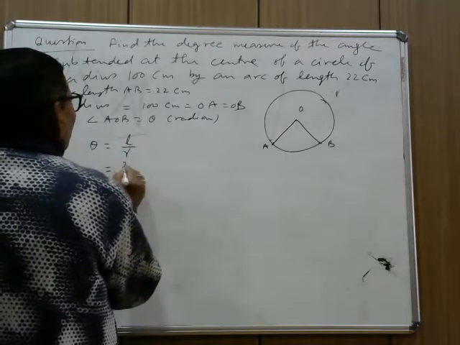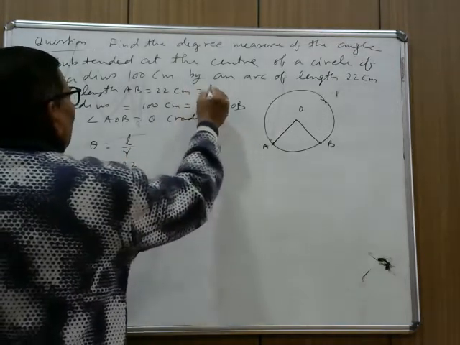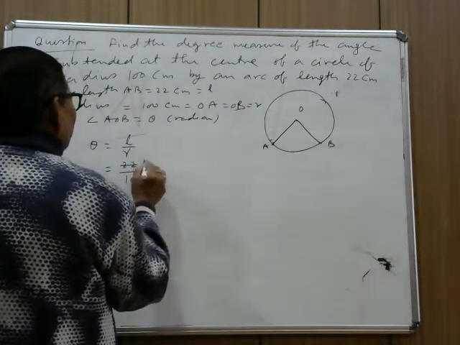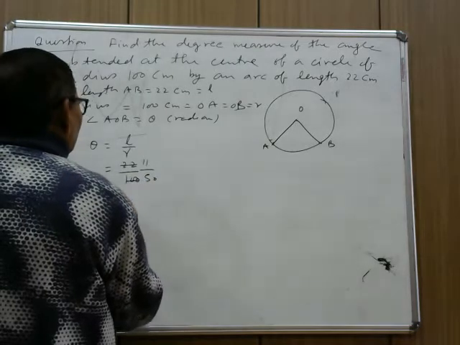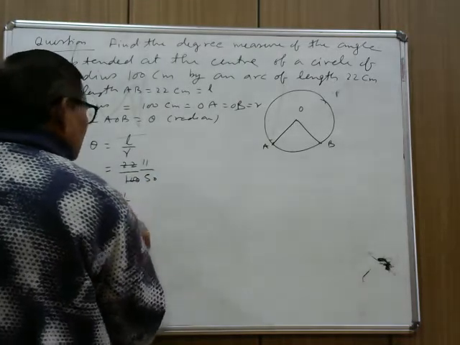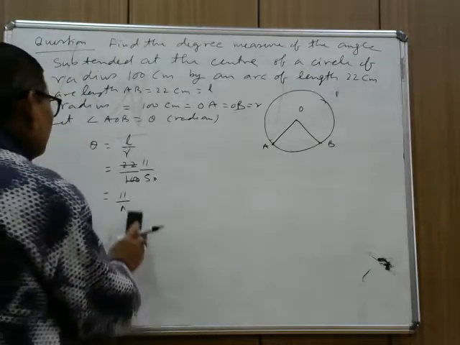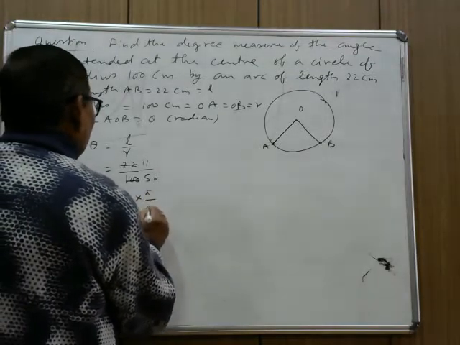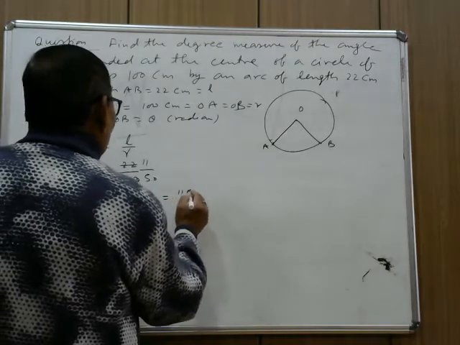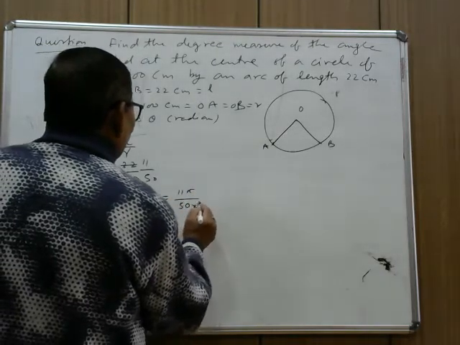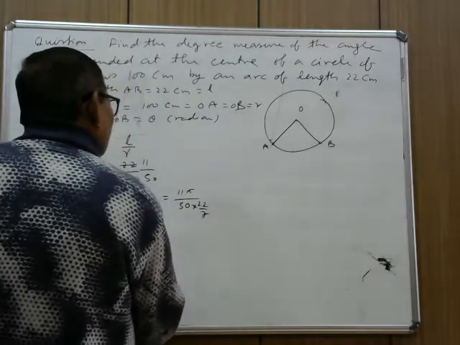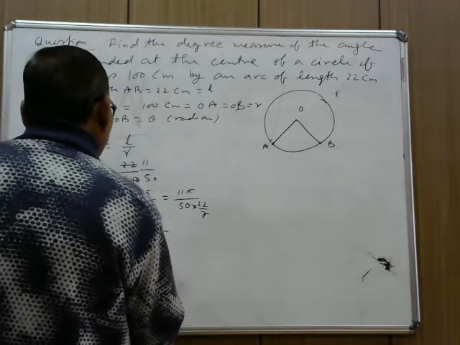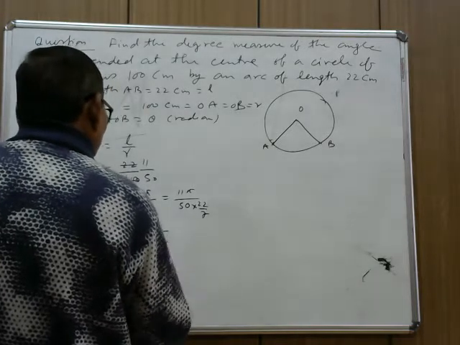Your L is 22, this is L, this is R, 22 by 100, this is 11 by 50. So 11 by 50 can be written as, multiplied and divided by pi, 11 pi upon 50 into 22 by 7. That is equal to 11 pi into 7 upon 50 into 22.